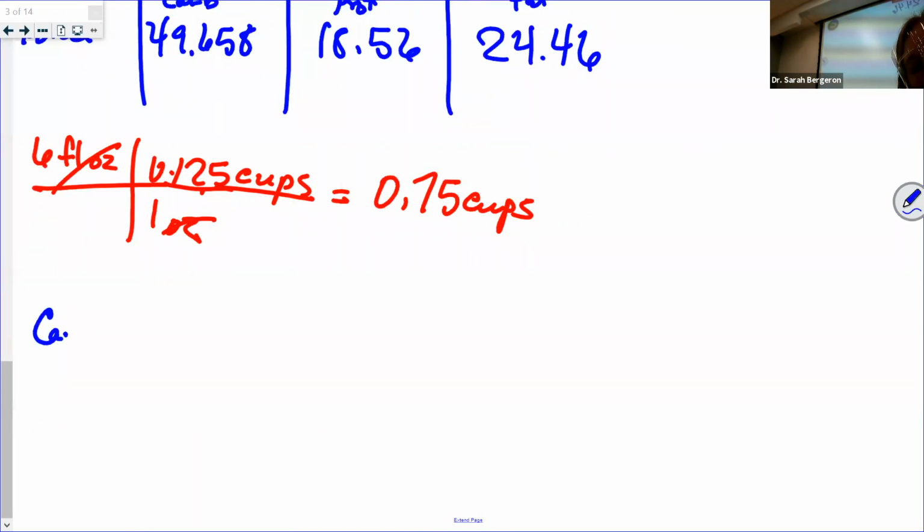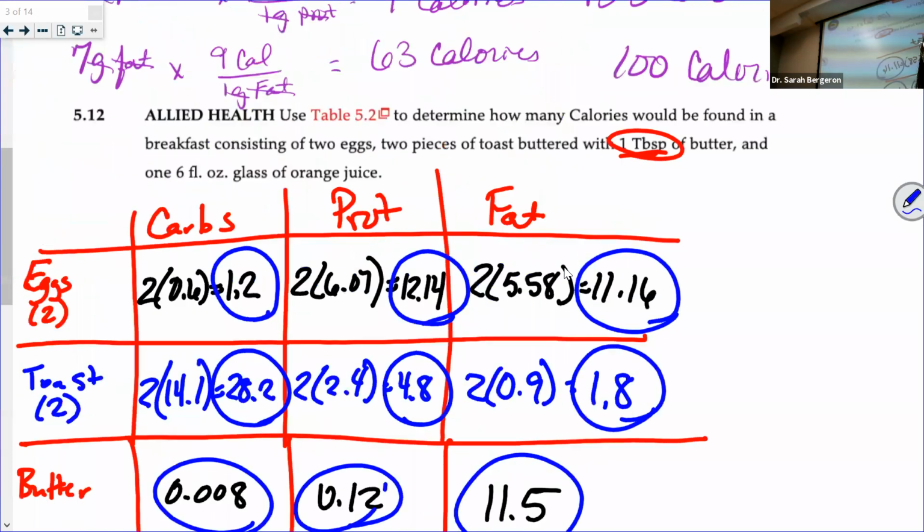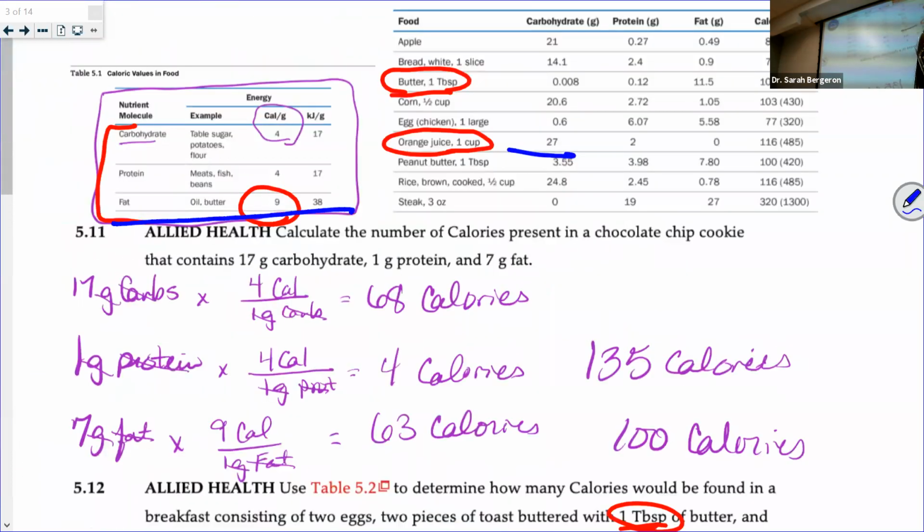So let's do carbs. I have 49.658 carbs. How do I convert from carbs to calories? Well, think about it, right? If you have different foods, each gram of a different food is going to be worth a different amount of calories.